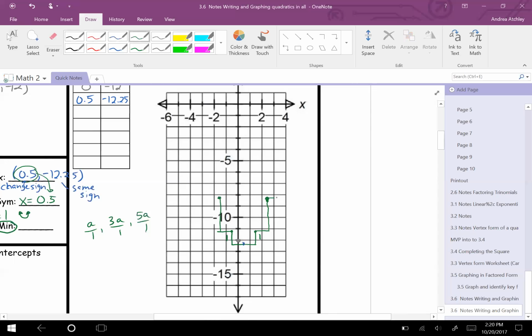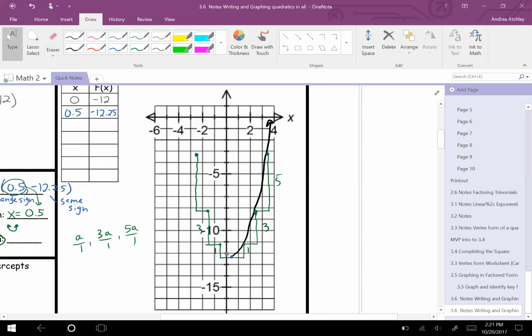Then over 1 and up 5. 2, 3, 4, 5. I believe that's right. Okay, and that's my parabola. That's as good as we're going to get here. We could keep going and do 7 and 9 as well, but I'm going to run out of room on my graph.